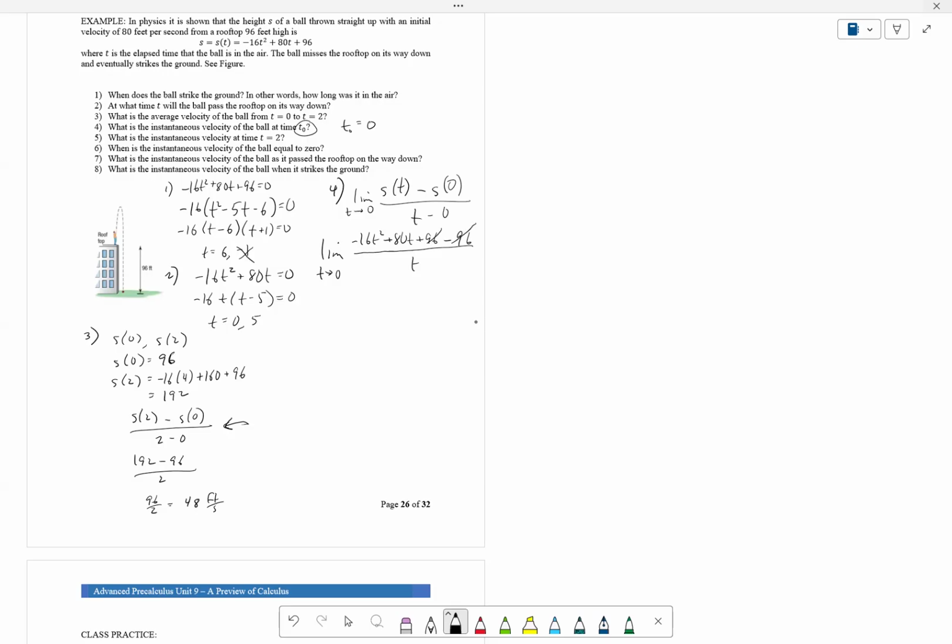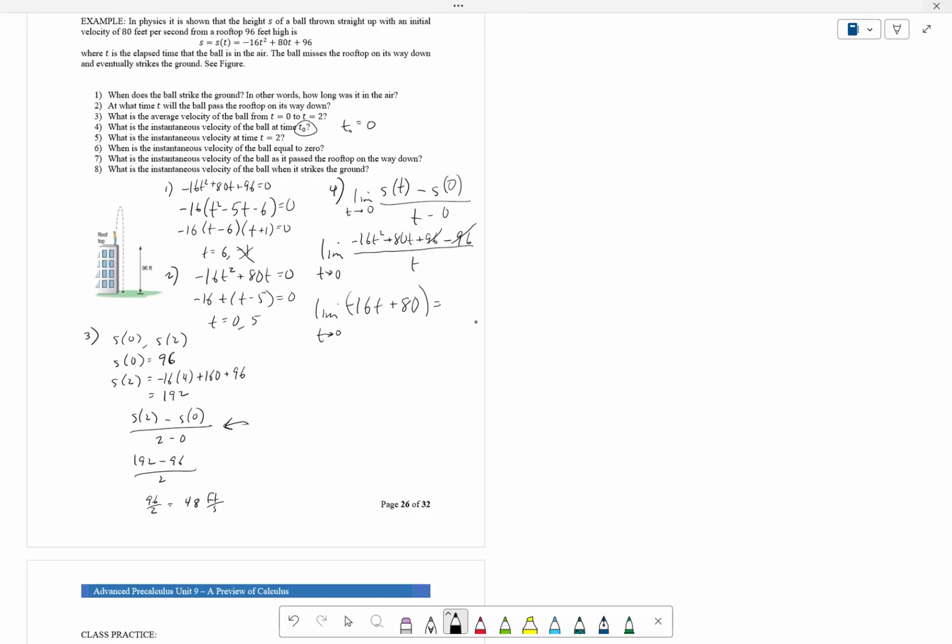Okay, the 96 cancels out. Should I plug in a 0 now? I could, but we'll be left with 0 over 0, which always has to be fixed. Here, pretty easily fixable. I just cancel all the t's, so we're left with the limit as t goes to 0 of negative 16t plus 80. And now we plug in 0.